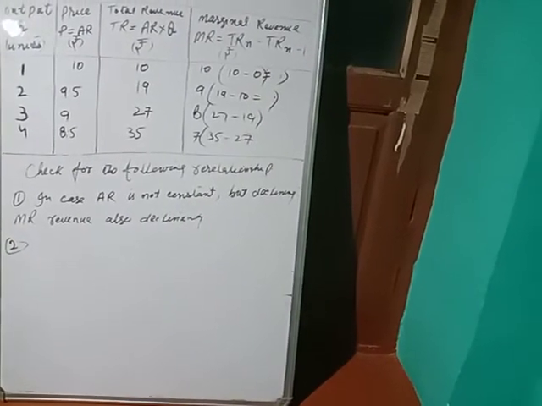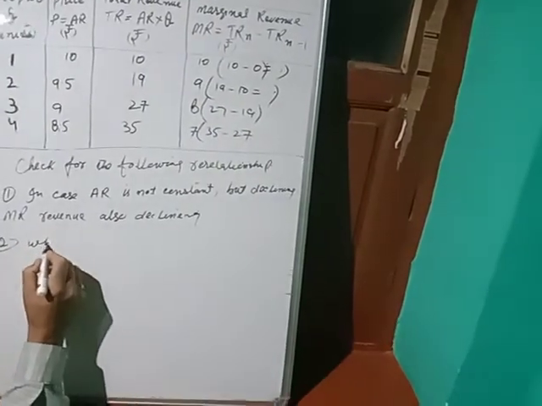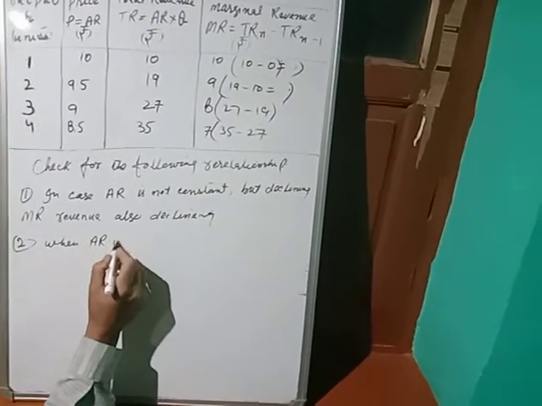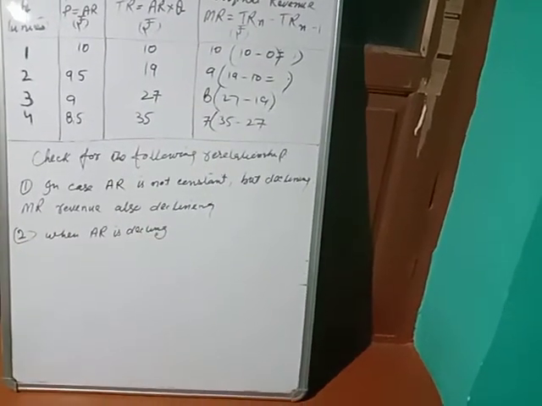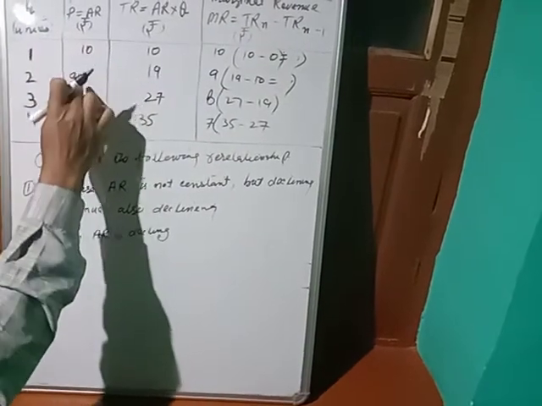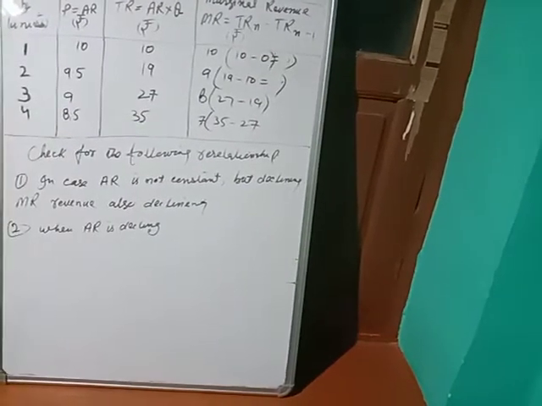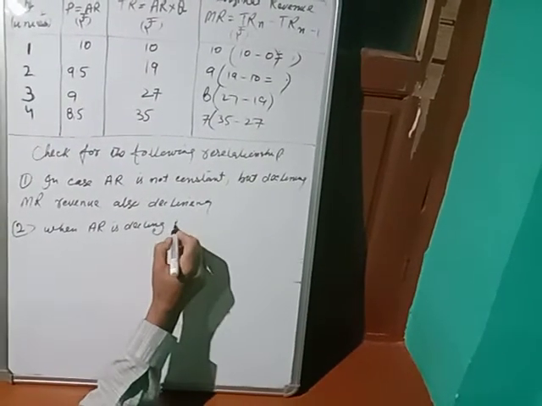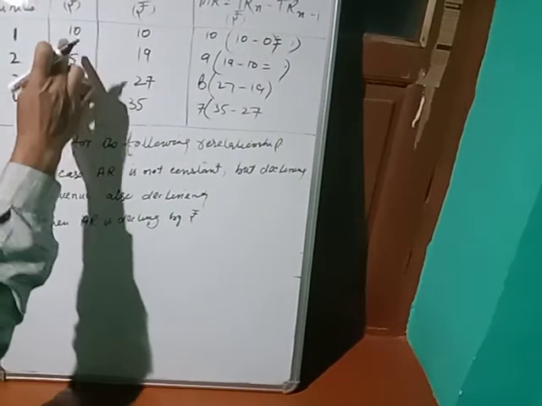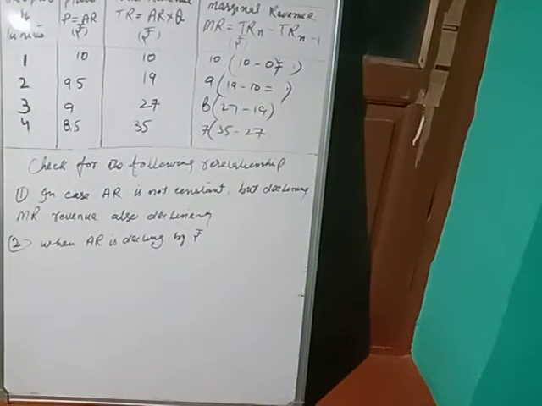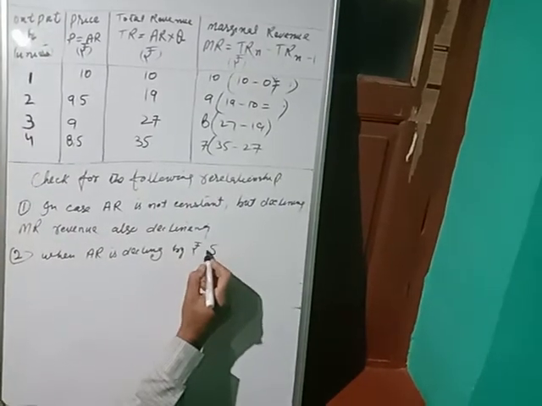Number two, check when AR is declining. When AR is declining, 10, 9.5, 9, 8.5, what is the difference? That is 0.5.